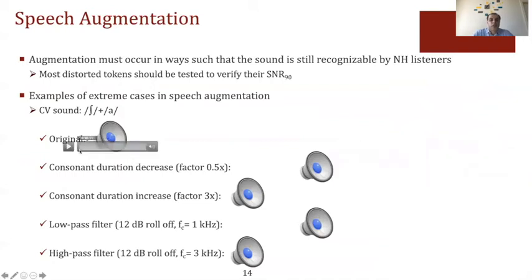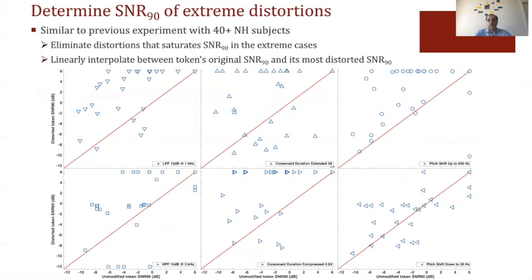So here are examples. For example, Sha. This is the original sound, Sha, and this is, let's say, a consonant duration increase. Sha. And this is a high pass filter. Sha. So these are the most extreme cases. We want to make sure that the most extreme distortions don't change the intelligibility.